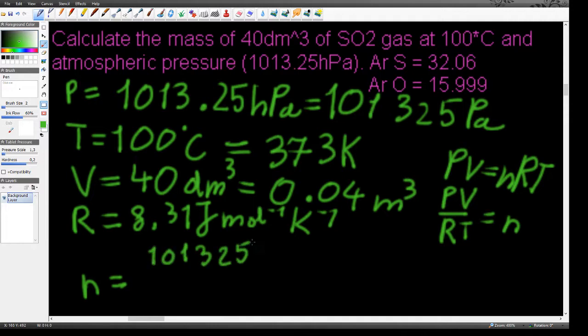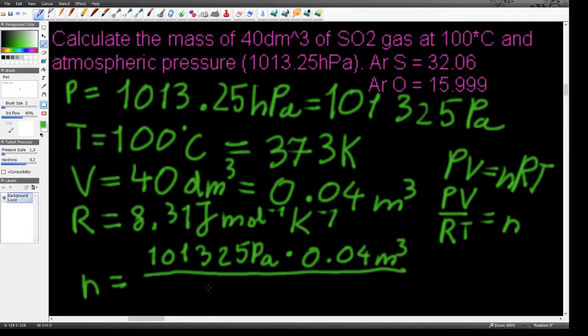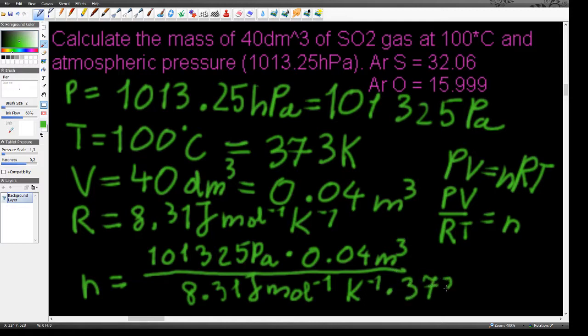101,325 pascals, times the volume, which we know is 0.04 meters cubed, divided all of that by RT, which we know is R, 8.31 joules per mole per Kelvin, multiplied by the T, the temperature of 373 Kelvin.